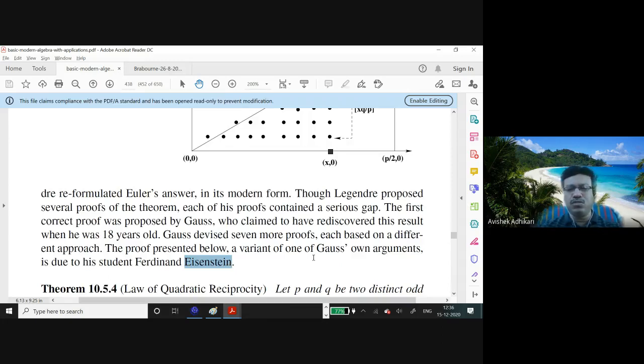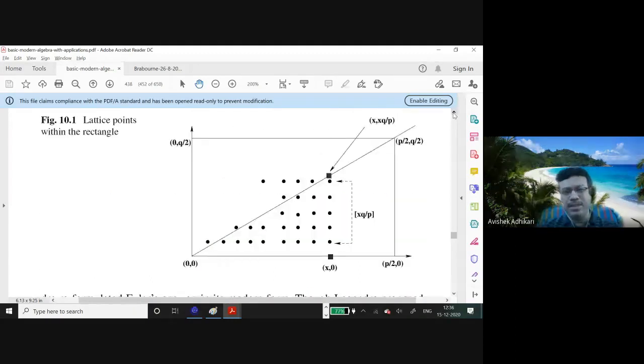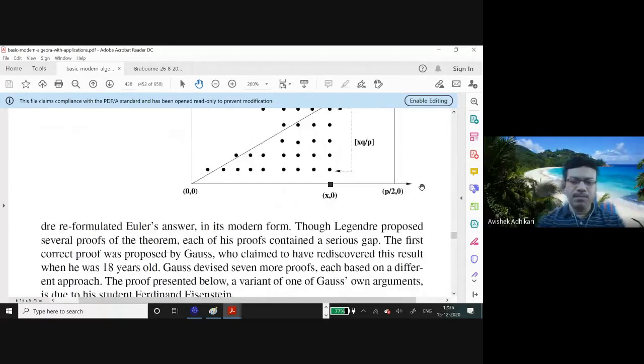He was a student of Gauss, and he formally wrote the proof in this pictorial way. So it has a nice history, and we should know about this. This proof is also not very difficult. It's a simple counting technique, how to count this.